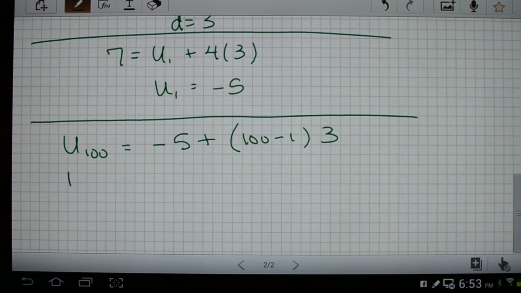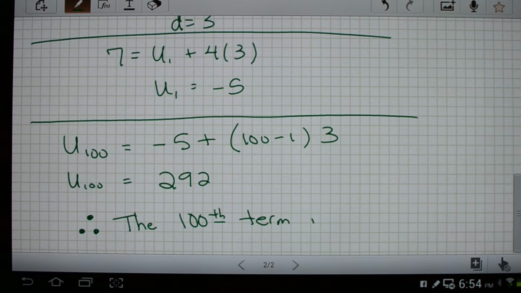So U100, at this point you just simplify. 99 times 3 minus 5 winds up being 292. If you don't know that, you can just plug that into your calculator. So therefore, the 100th term is 292.